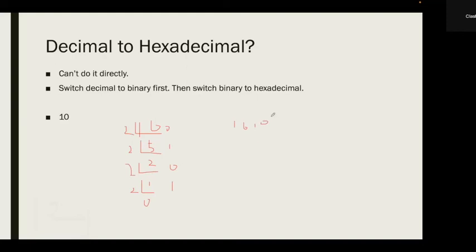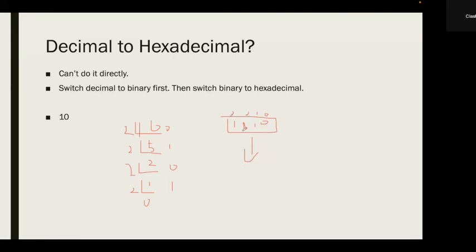We want to switch this binary number to hexadecimal now. This is able to do. We have learned that in order to switch a binary number into a hexadecimal number, you group it into groups of 4s, and you switch each group of 4 into a single decimal number, and that decimal number can be represented as a hexadecimal number. The way you switch binary to decimal is by first marking the position, then multiplying each digit by 2 to the power of its position.